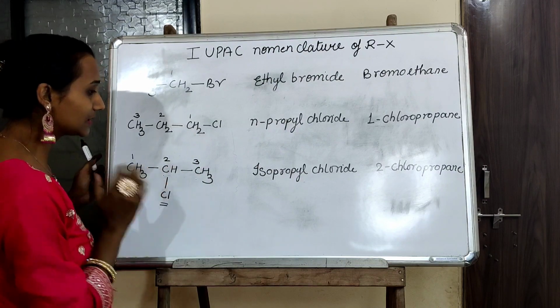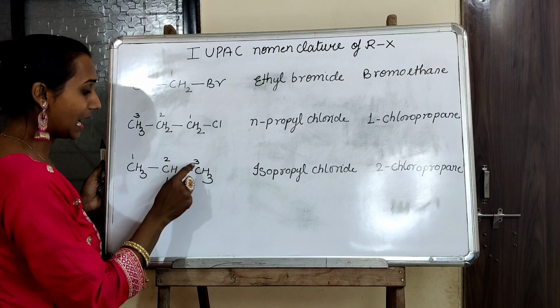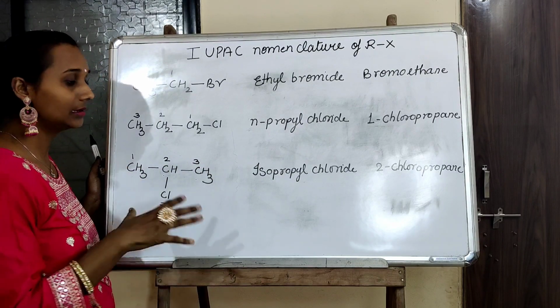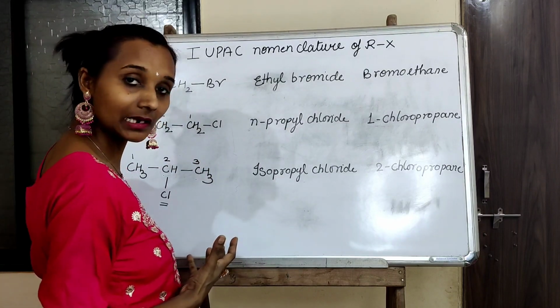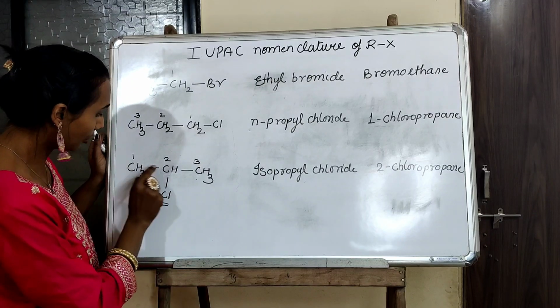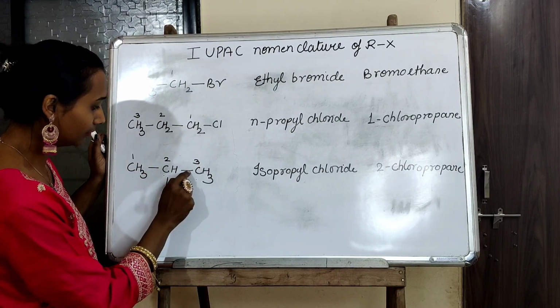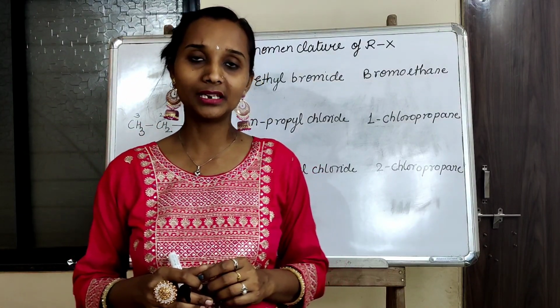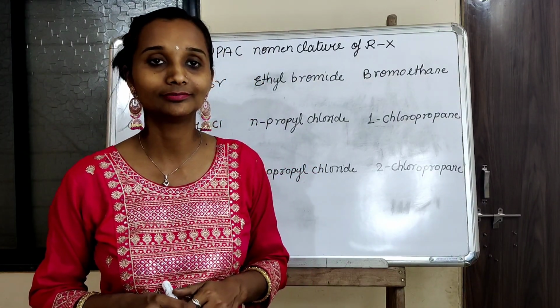So the name of this compound is isopropyl chloride, and the IUPAC nomenclature of such a compound will be 2-chloropropane.